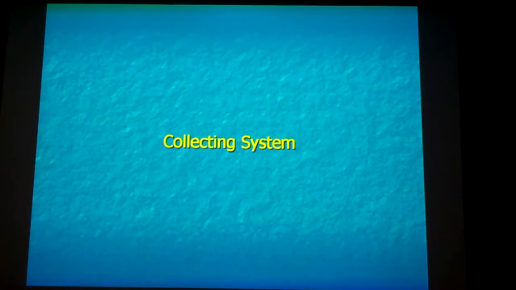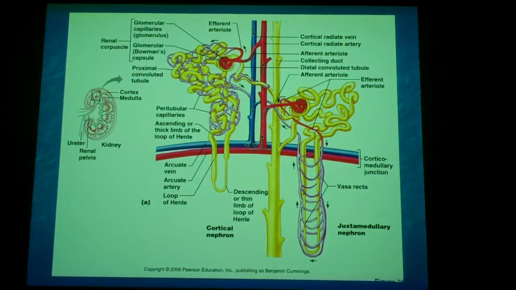All right, so that brings us now to the end of the nephron, and so we're in the collecting system now. So we're in the collecting duct. This is where we are. The fluid that's passing out of the distal convoluted tubule into the collecting duct, we can now call urine.